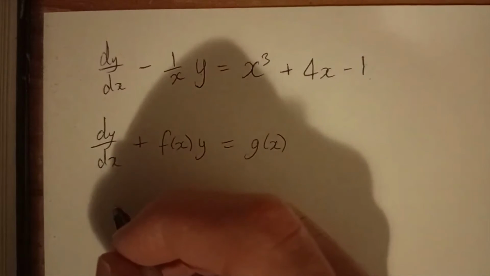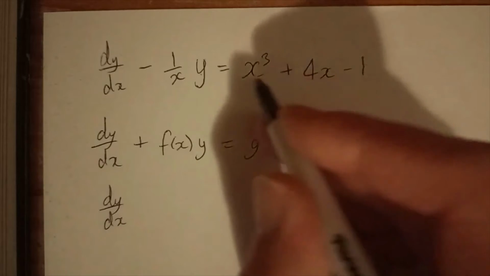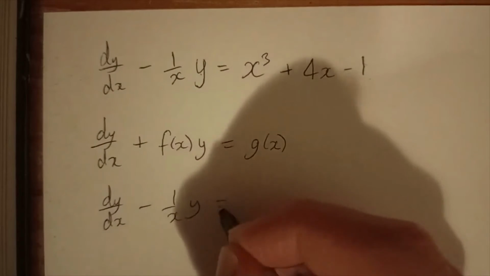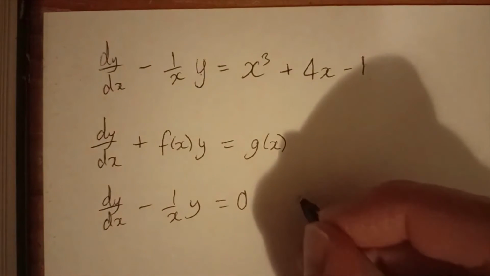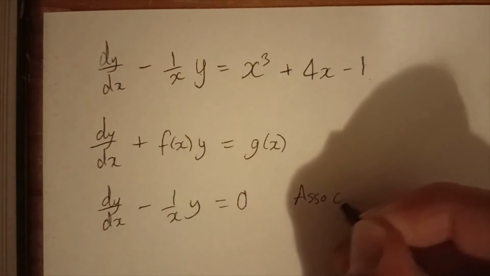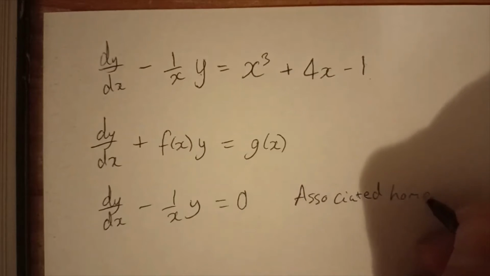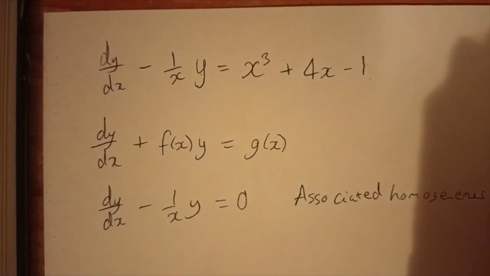Okay, so the associated homogeneous equation would be just the same equation with this right-hand side removed. This is the associated homogeneous equation.